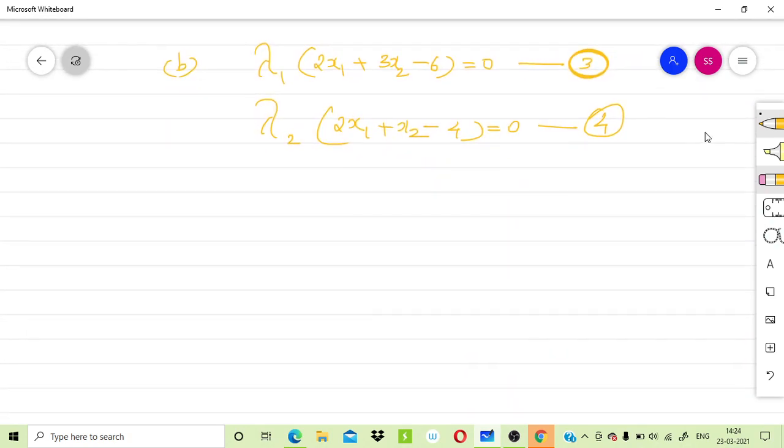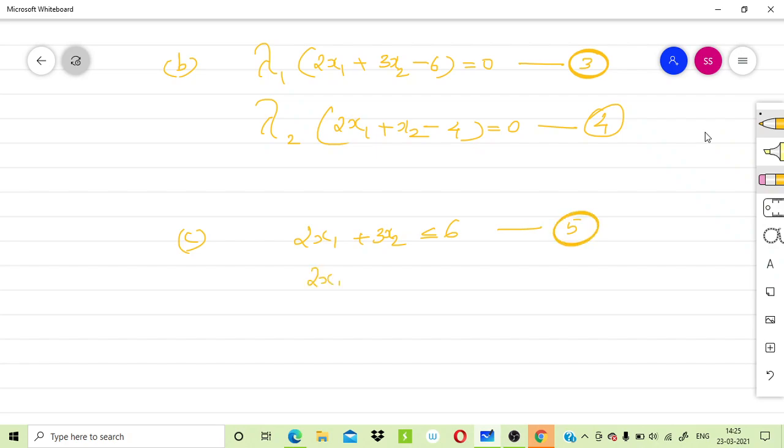Now I am applying the C condition, that is gi of x less than or equal to bi. That means you will get the inequality 2x1 plus 3x2 less than or equal to 6. This is 5.